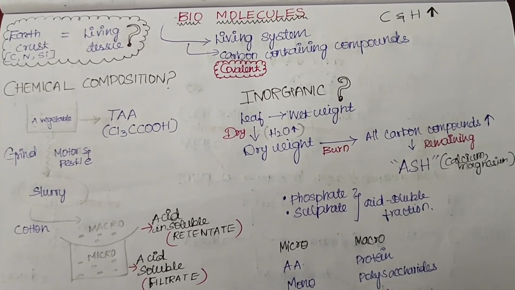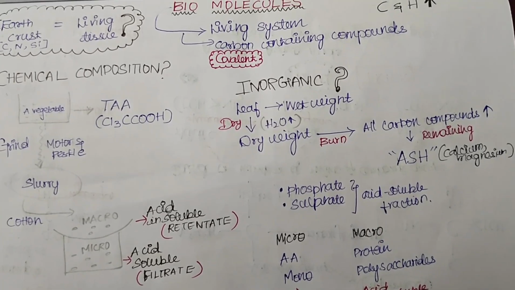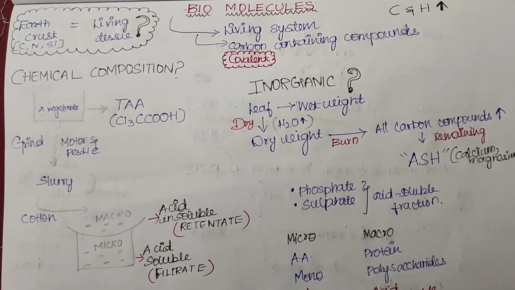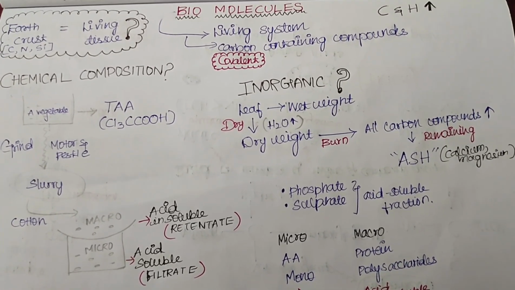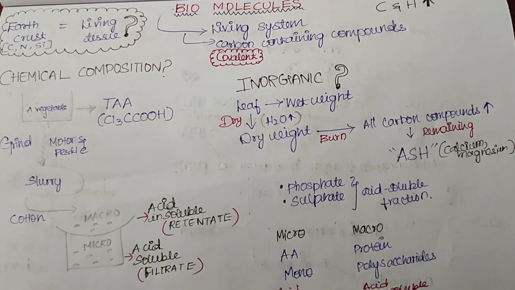Now we understood the term biomolecules. Now we talk about another thing. Let's say we take the earth crust and living tissue and compare the organic compounds present in them. We could see both have carbon, hydrogen, nitrogen and silicon. Then what is the difference between the living tissue and non-living tissue?